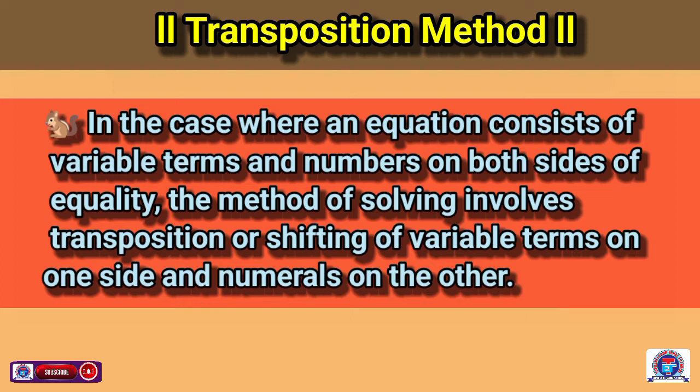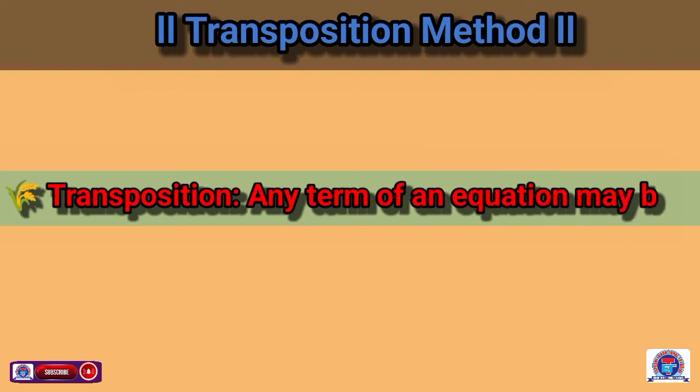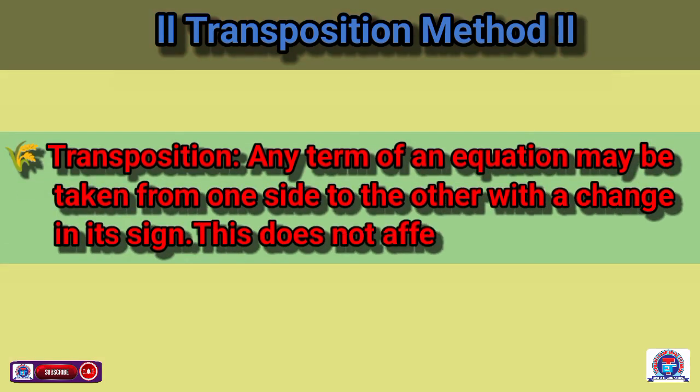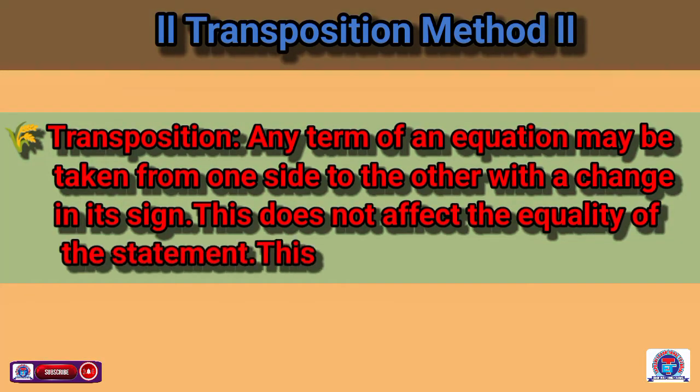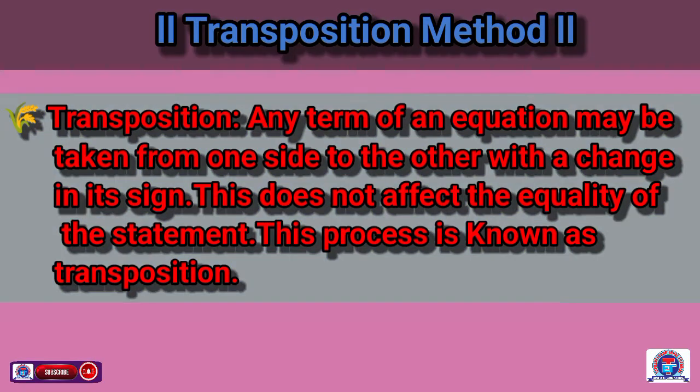So what is transposition? Any term of an equation may be taken from one side to the other with a change in its sign. This does not affect the equality of the statement. This process is known as transposition.